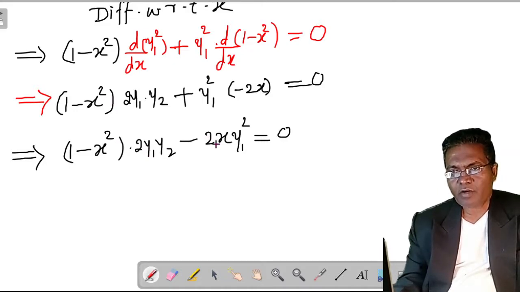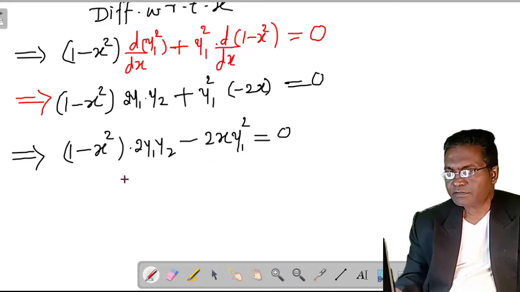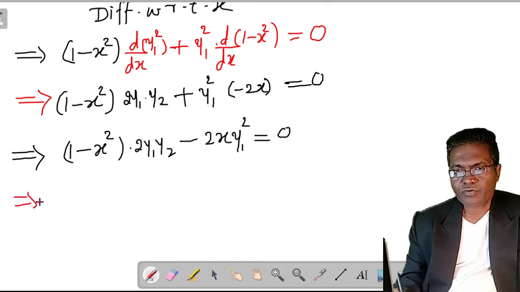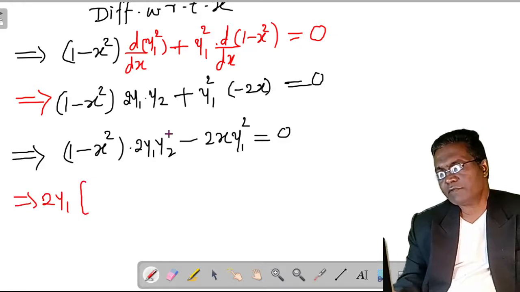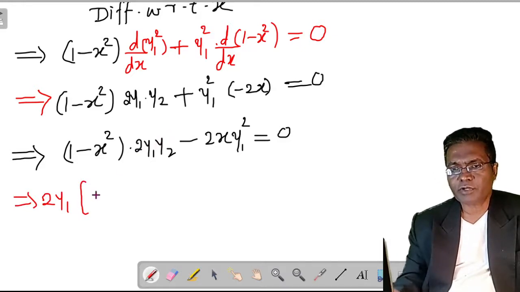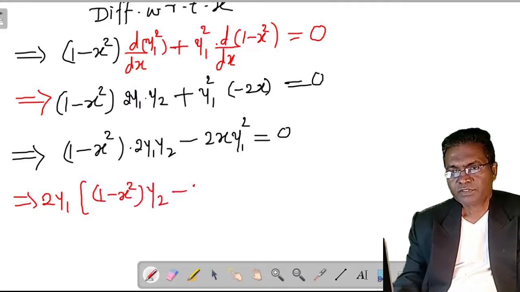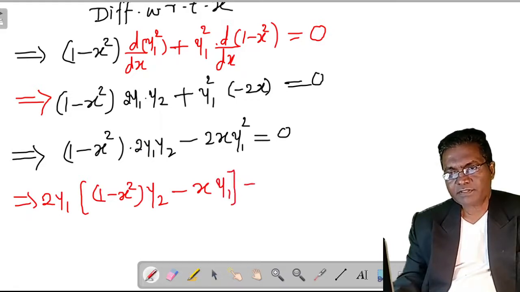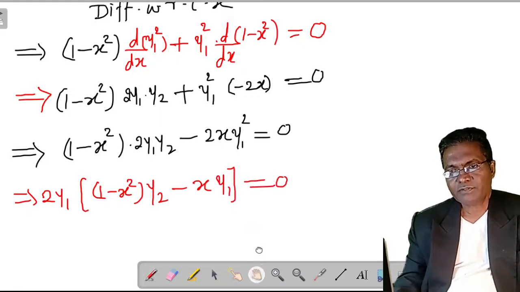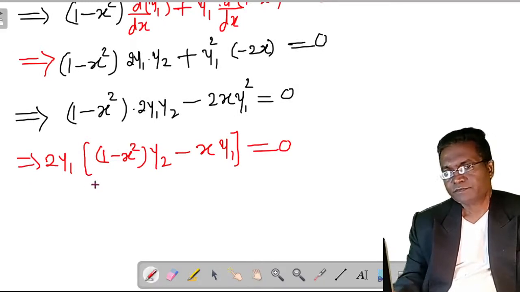We have 2 common and y1 is also common. So if I take 2 and y1 common, always whenever you square and differentiate, 2y1 is to be common. So you are left with 1 minus x square y2 minus x, and y1 remains, equals to 0. So divide by 2 y1.